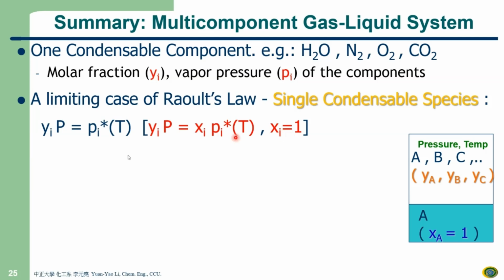So you have the equation Yi times capital P equal to Pi star of T. You need to learn this.